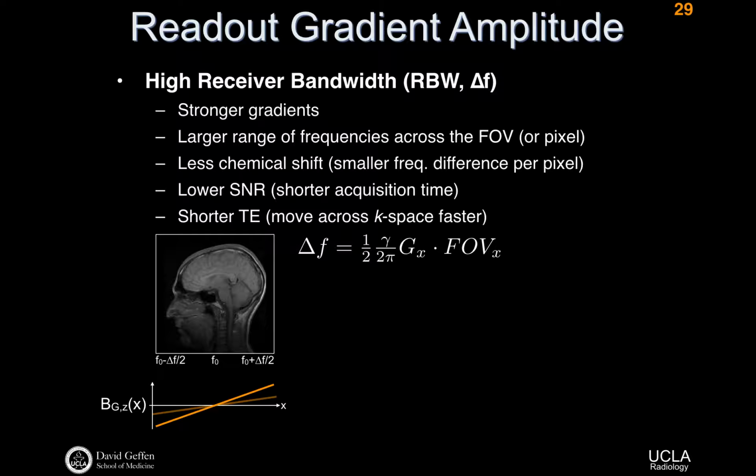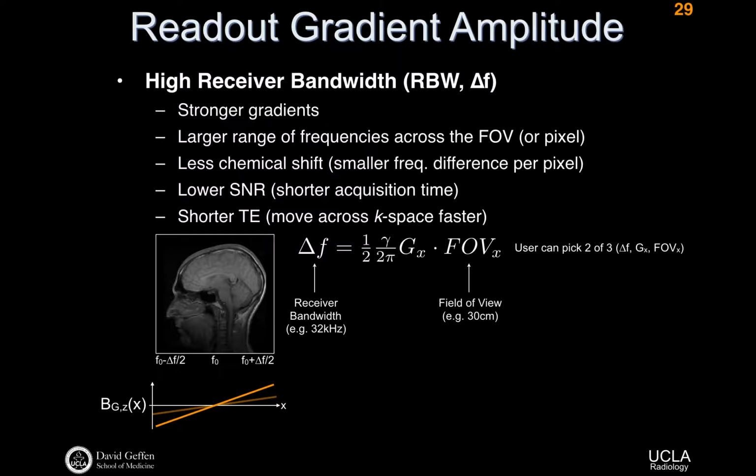So the change in frequency across the field of view just depends on the gradient strength that's being applied, and then what is the field of view of the object that you're trying to image. And so this delta frequency here is what we call the receiver bandwidth. The receiver systems that we use in MR typically operate in the tens or hundreds of kilohertz range.